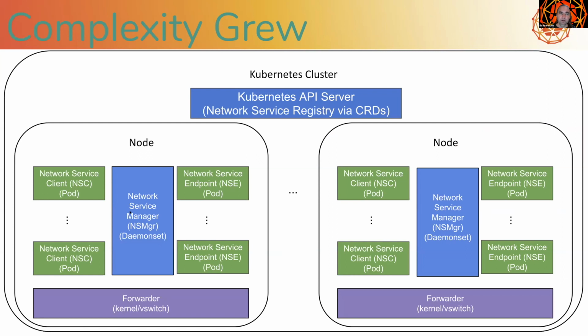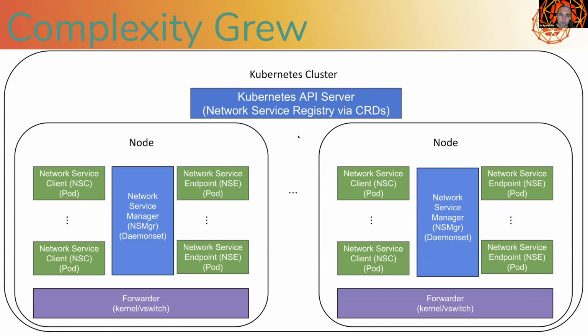But then complexity grew. As you actually try to do things in Kubernetes, you discover that you need more components than just endpoints that provide services and clients that consume them. We needed things like the network service manager to give us a single point of conversation. We needed things like the Forwarder to handle very pedestrian things like cross connects, where one side wants a kernel interface and the other side wants a MIF or a VXLAN.